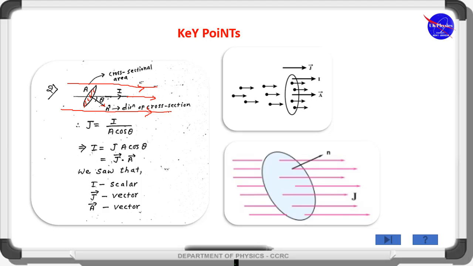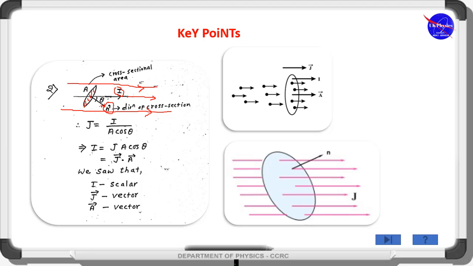We know any elementary area is itself a vector, because the direction of that cross-sectional area is given by the perpendicular drawn to the surface. So here is the same case that you can see, and theta is the angle between the direction of flow of current and the direction of the cross section.